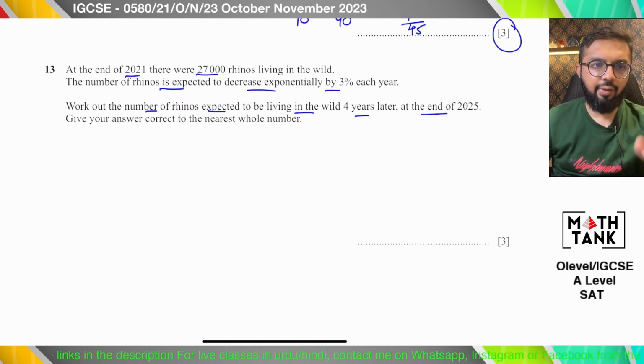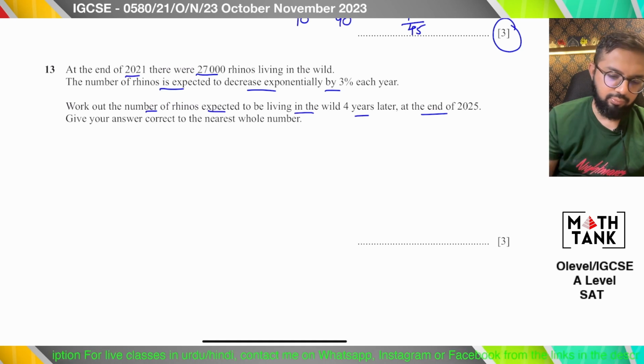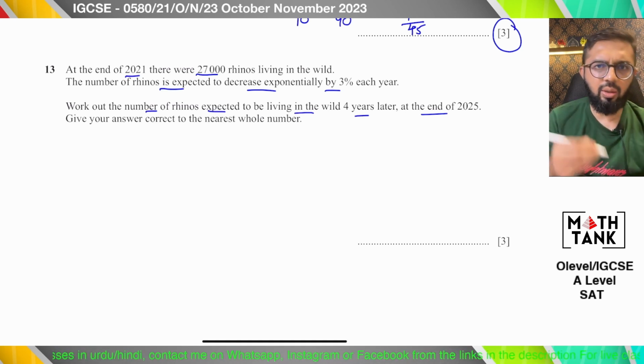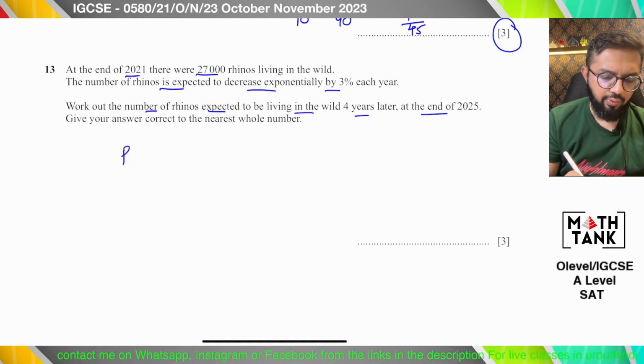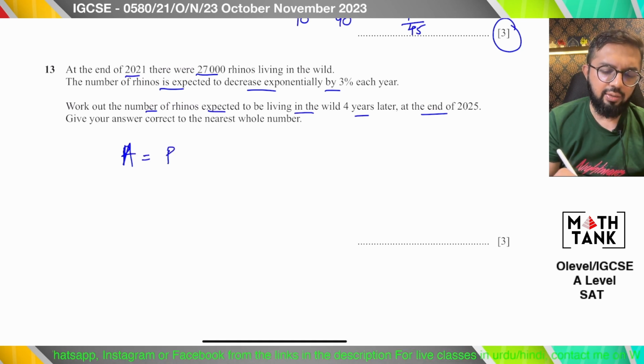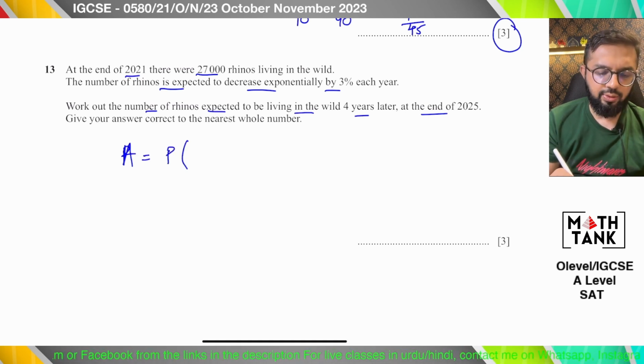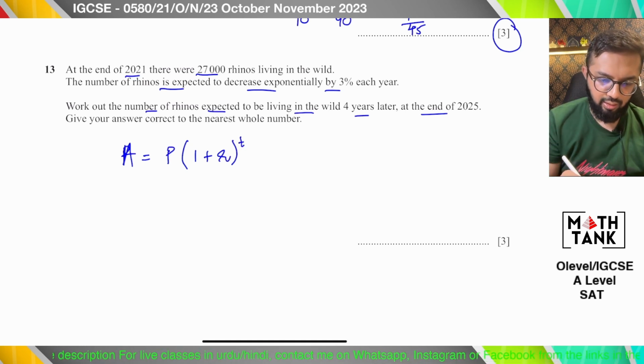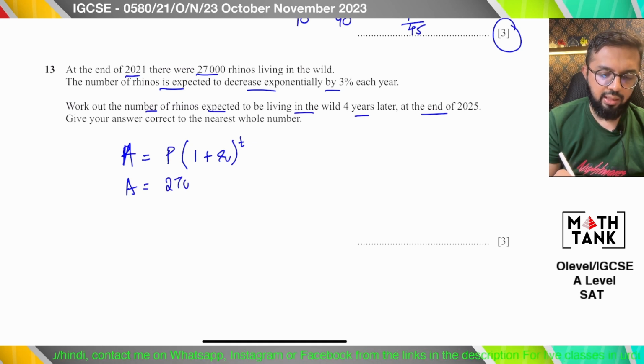Whenever you have an exponential decrease, you go to the compound interest formula, where you say that amount at end is equal to principal, which is the starting value, times 1 plus r to the power t if it's an annual change. So I want to find the amount at the end. There are 27,000 rhinos right now.